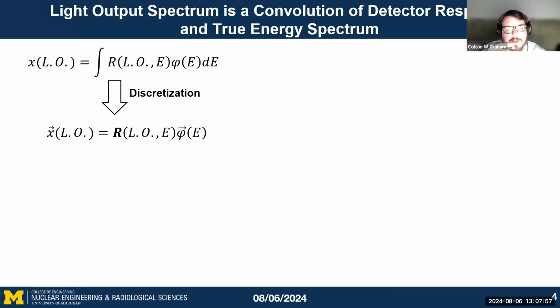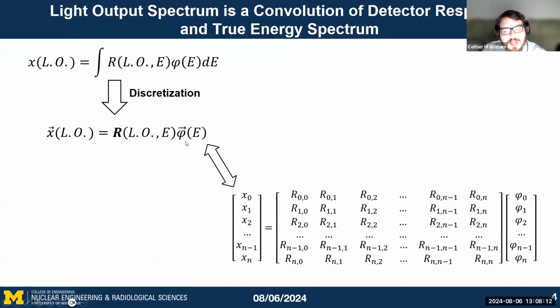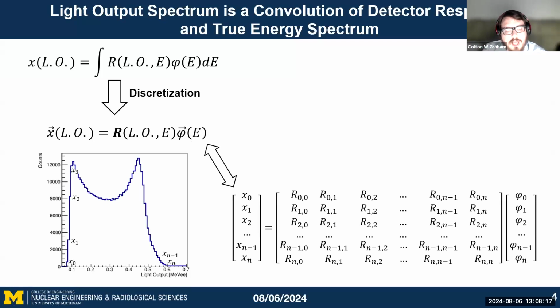So instead, this becomes a matrix equation, where the detector response is defined by the detector response matrix R, the light output spectrum that you measure you can represent as a vector X, and then you're interested in the true energy spectrum phi.